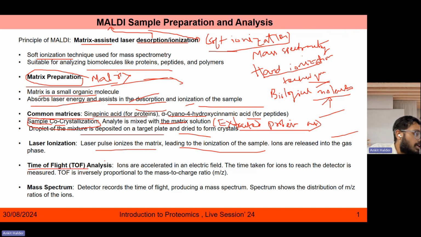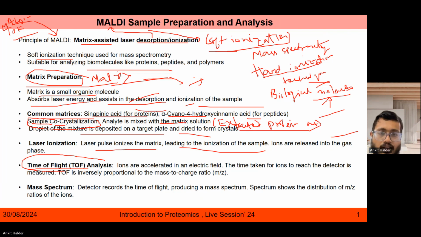So this is the time of flight that is coupled in your mass spectrometer, which generally leads to the configuration known as MALDI-TOF. This configuration lets you find out what m/z the generated ions belong to, and what the particular peptides or identification of that particular molecule are, right?